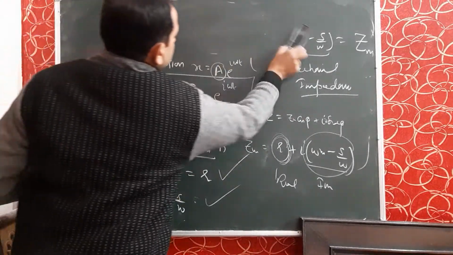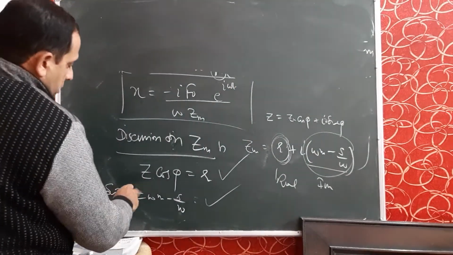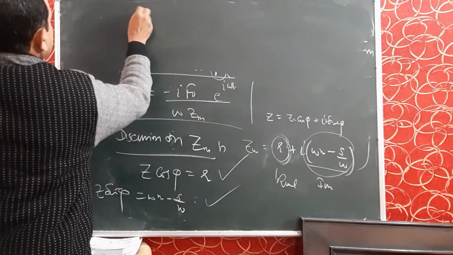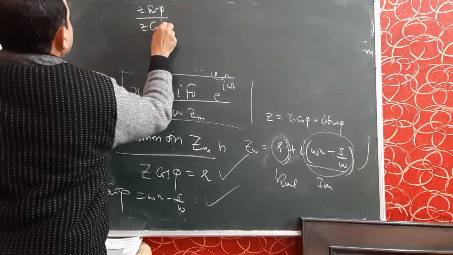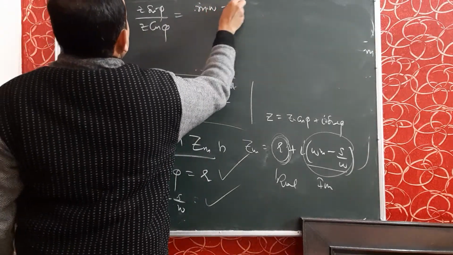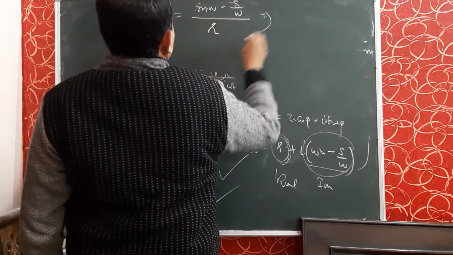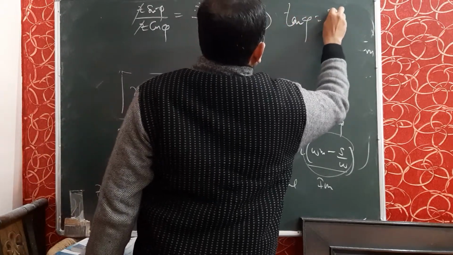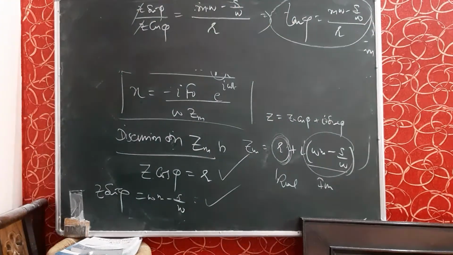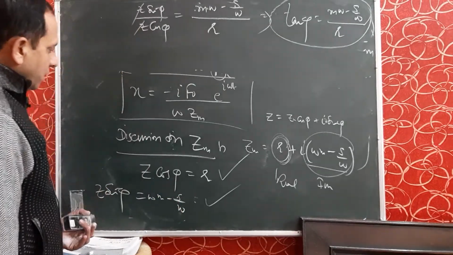Now if we divide the imaginary part by the real part, that is Z sin phi upon Z cos phi, it will be m omega minus s by omega over R, as Z cancels, and sine upon cos becomes tan. So tan phi is m omega minus s by omega upon R. Or we square and add these two parts.